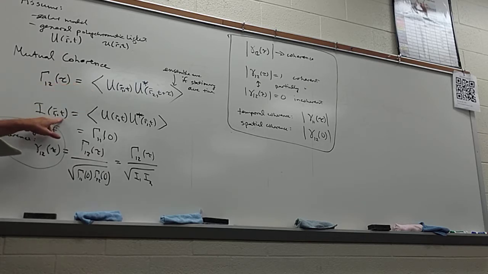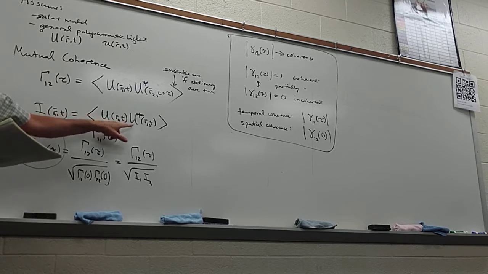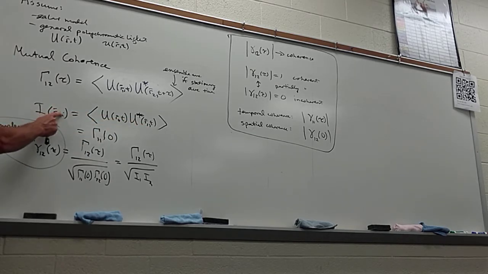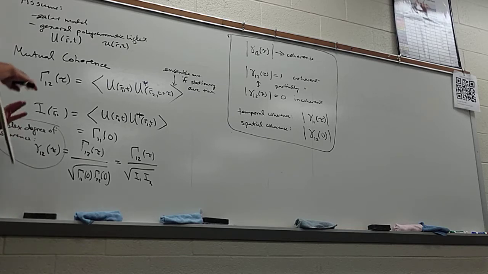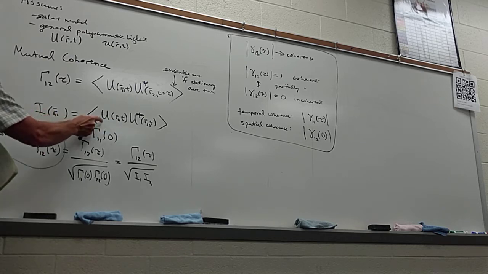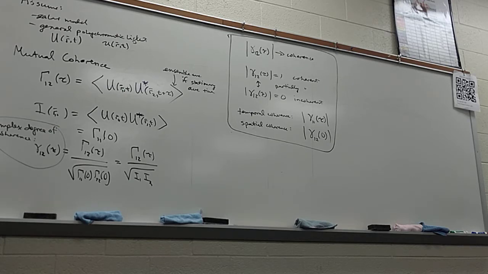And here, this time dependence is not really that time dependence. I should probably remove it. It's the slowly varying irradiance. This is averaging over the really fast variations of the field. And then if it's stationary, then this by definition is constant.